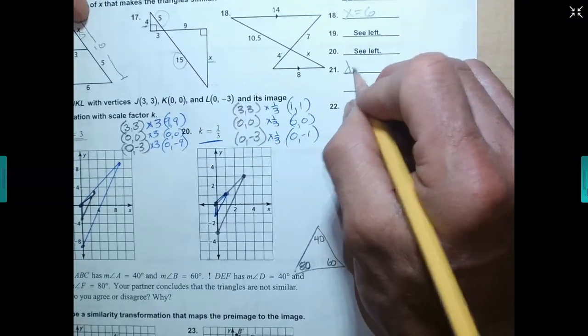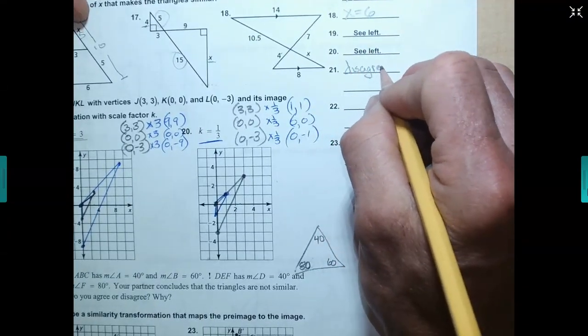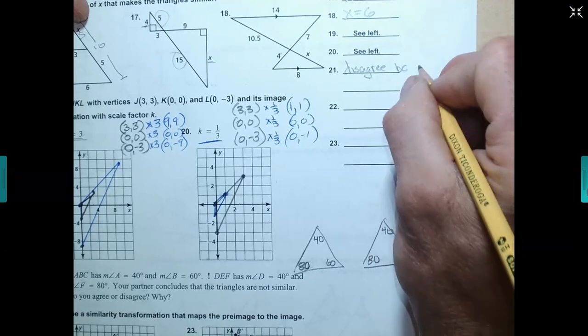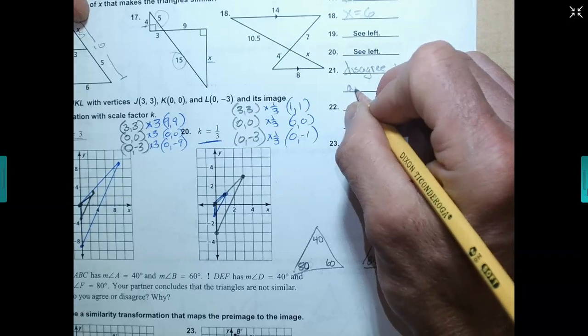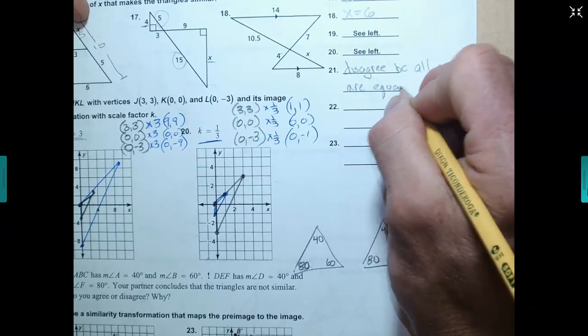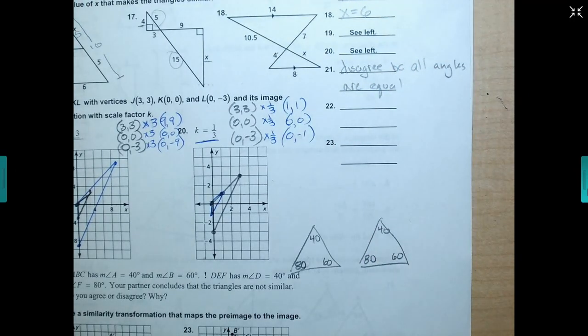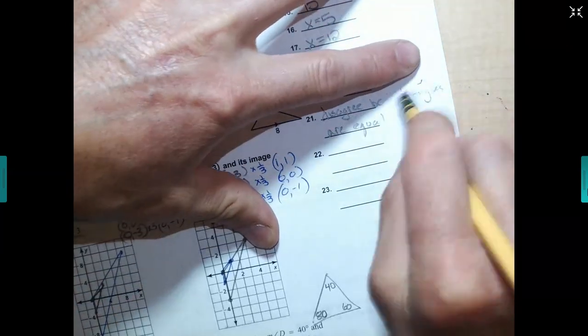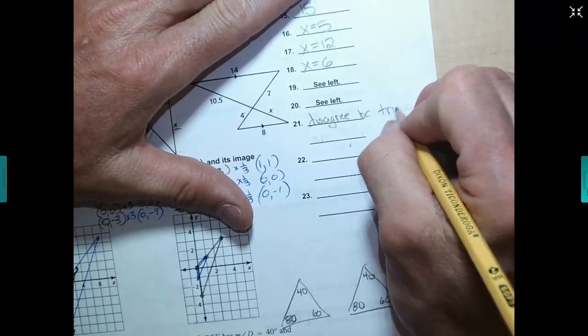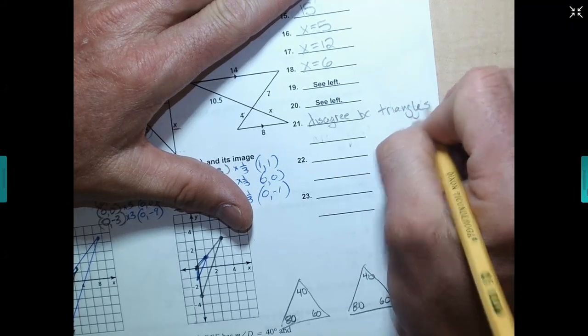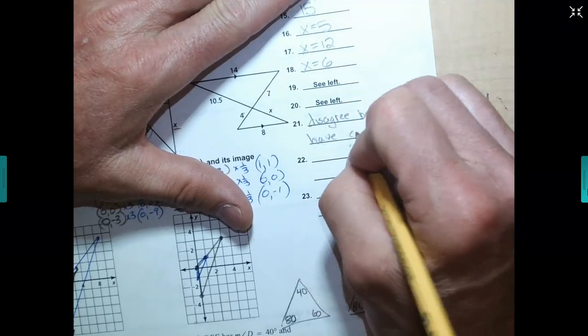So I disagree with the person. I've got a 40 and a 60, and triangles have congruent angles.